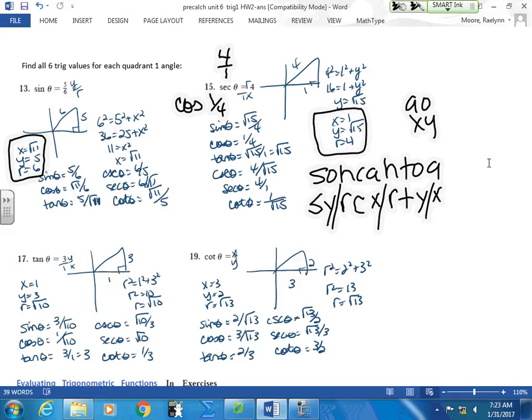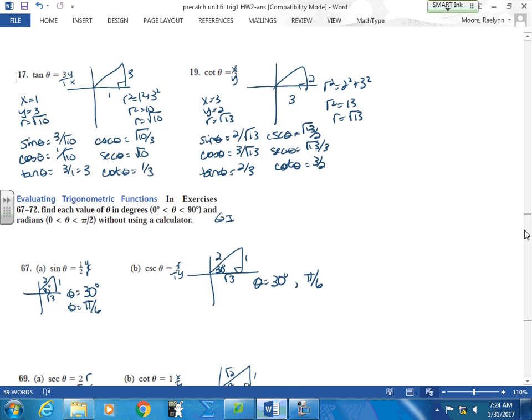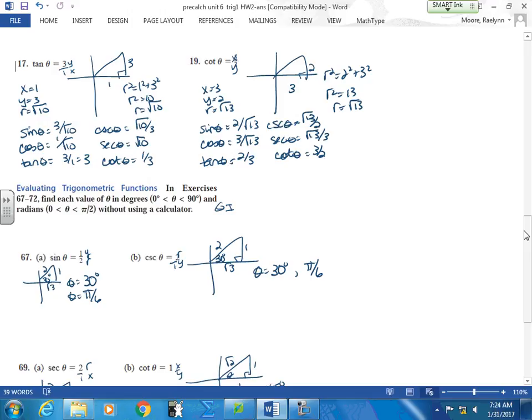Leave your radicals in the denominator. You don't have to rationalize those. It makes it a lot easier when you take the reciprocals. All you gotta do is flip them over. Okay. All right. Tangent is 3 over 1. You're still in quadrant 1.